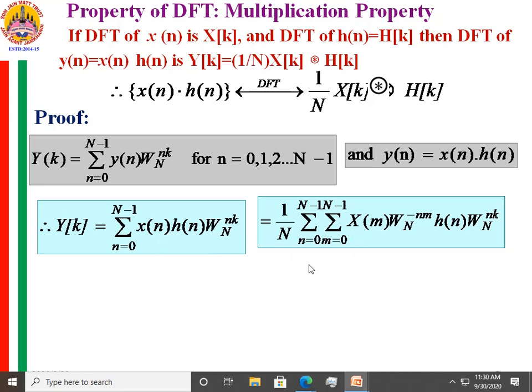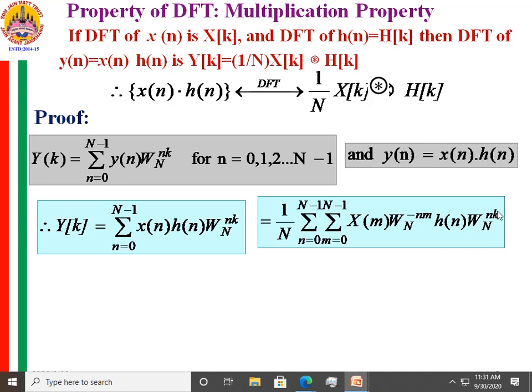So, in total we will get the equation as 1 by capital N summation n from 0 to N minus 1 summation m from 0 to N minus 1 X[m] W_N raised to minus nm h[n] into W_N raised to nk. This k is also a frequency component and here the m is also a frequency component.